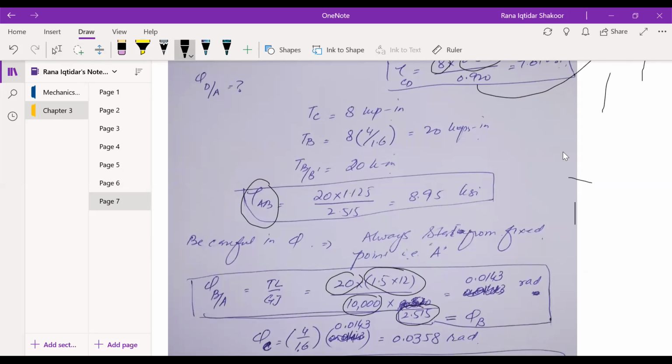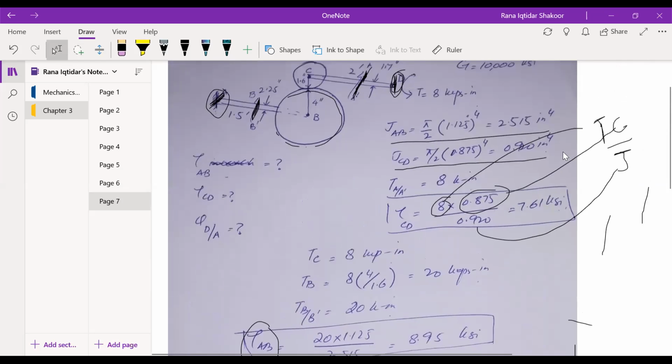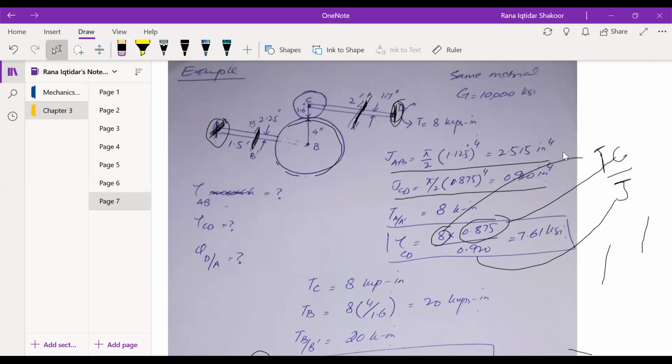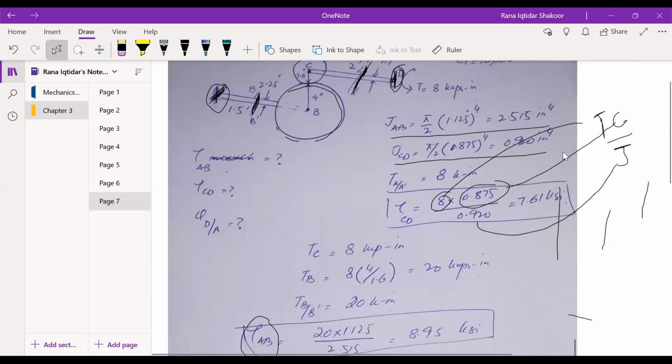That will be the deformation, the angular rotation of this one, right? So now, this particular point B is rotating 0.143 radians.